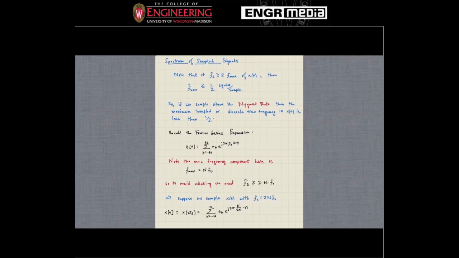So again, now let's restate Nyquist. The Nyquist theorem is that if Fs is greater than 2 times the maximum frequency of x, then we're okay. We won't have aliasing. So if indeed Fs is greater than 2 times that F max, then the maximum digital frequency, F hat max, will be less than 1/2 a cycle per sample.